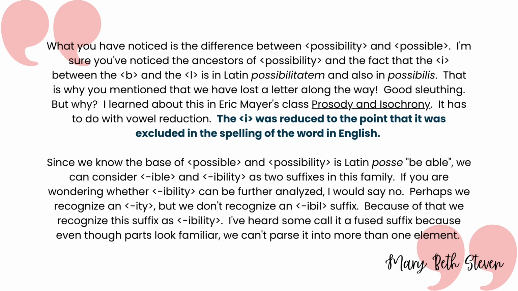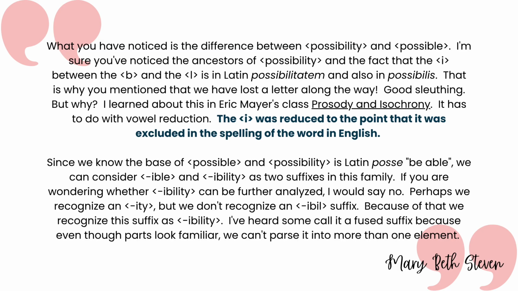That's why you mentioned that we have lost the letter along the way. Good sleuthing. But why? I learned about this in Eric Mayer's class, Prosody and Asynchrony. It has to do with vowel reduction. The I was reduced to the point that it was excluded in the spelling of the word in English.